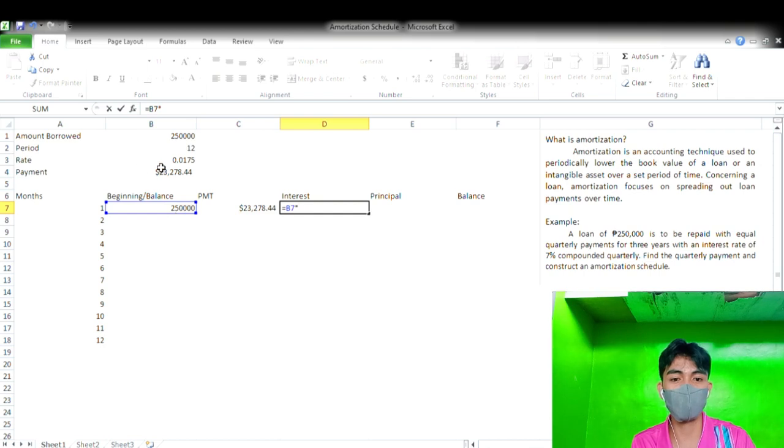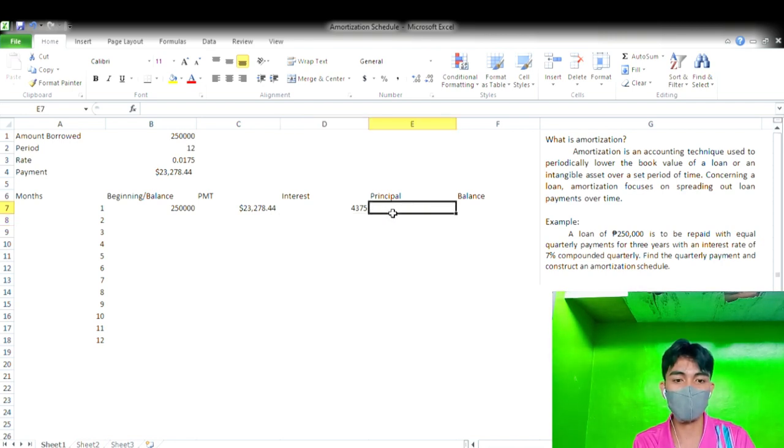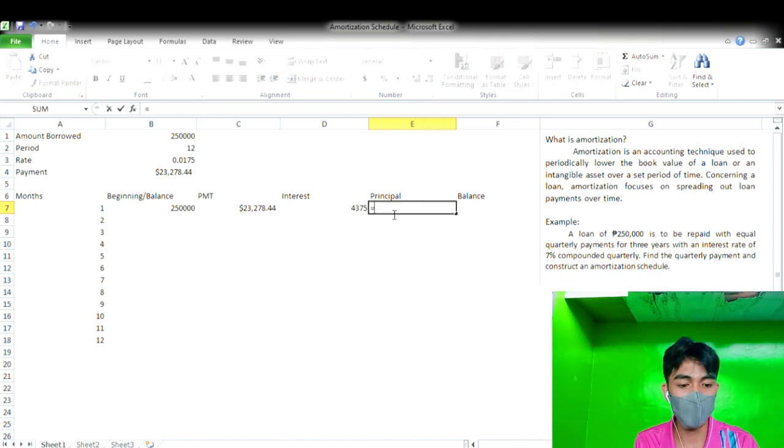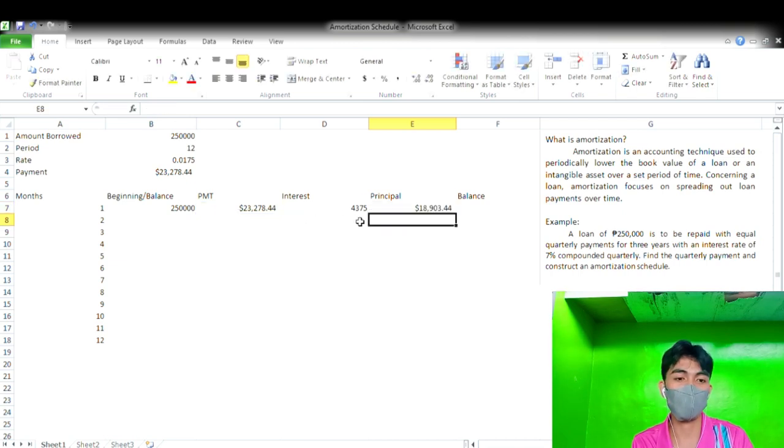So our interest here is 4,375, and our principal equals sign the payment minus the interest, and that is our principal, 18,903.44.